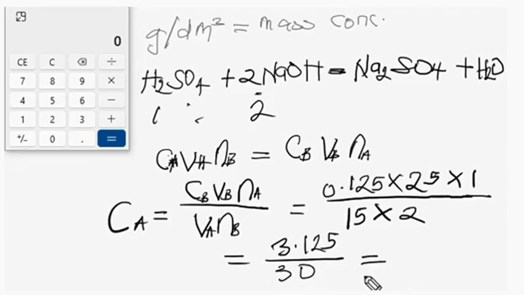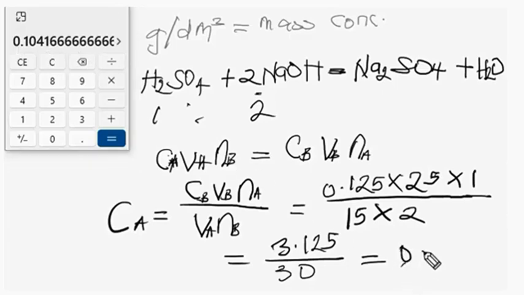So this will be equal to 3.125 divided by 30. So that's 0.104, we can see from here.